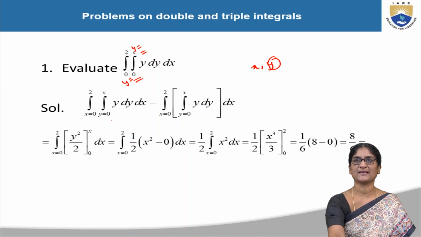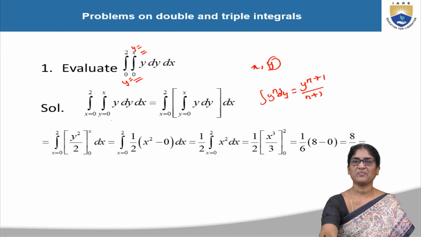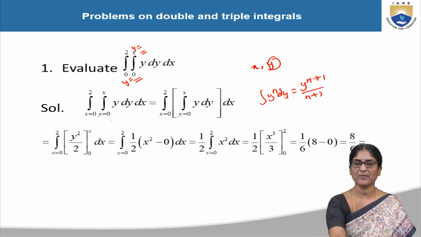So the integral over x from 0 to 2 of the integral of y from 0 to x, y dy dx. The integral of y to the power of n dy is y to the power of n plus 1 divided by n plus 1. Using the same formula, we get y to the power of 1 plus 1, which is y squared, divided by 2, with limits from 0 to x.